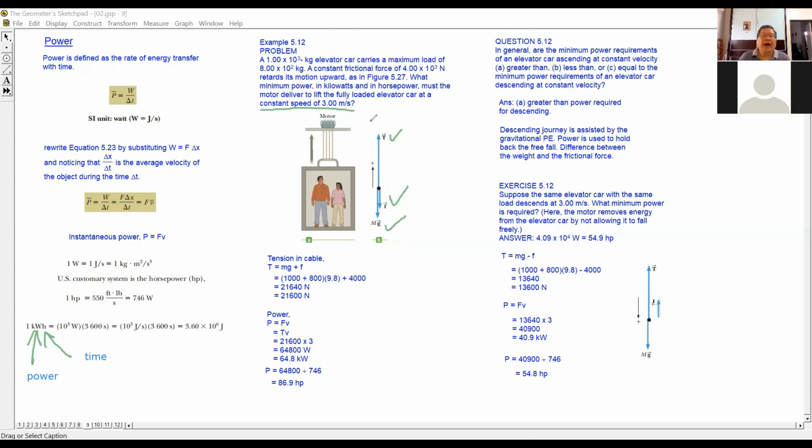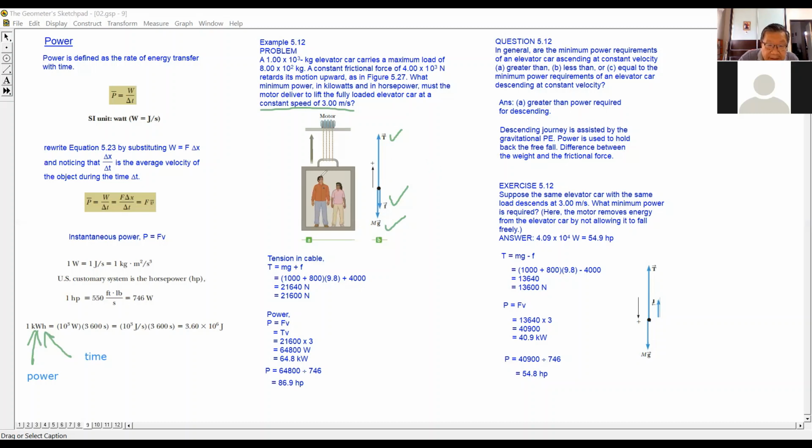So we're going to look at how they balance one another by looking at the direction. Since the cable is pulling the elevator and the passenger upwards, the tension in the cable is acting upwards. The frictional force is always opposing the direction of motion, so the frictional force is acting downwards.